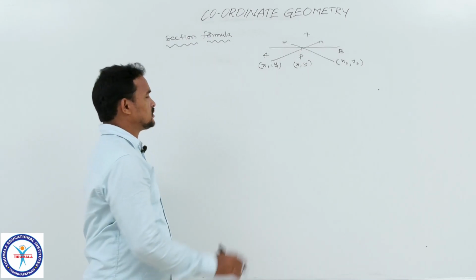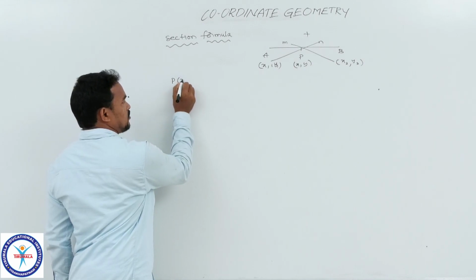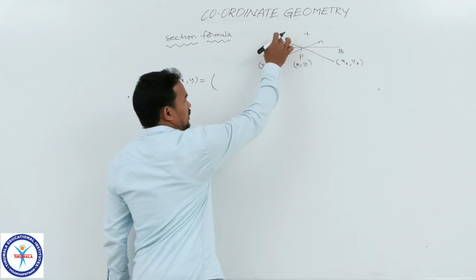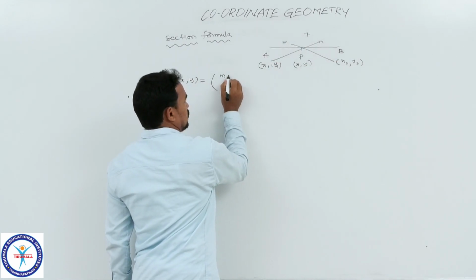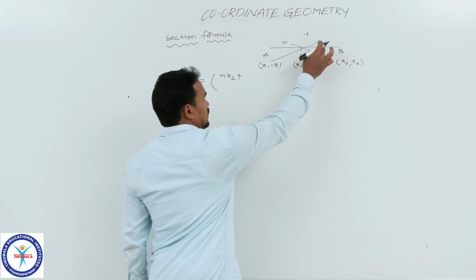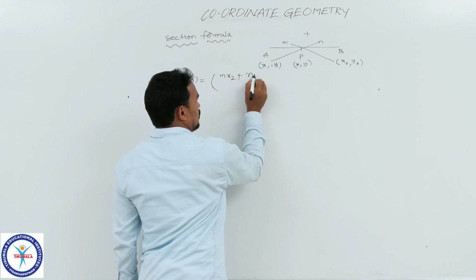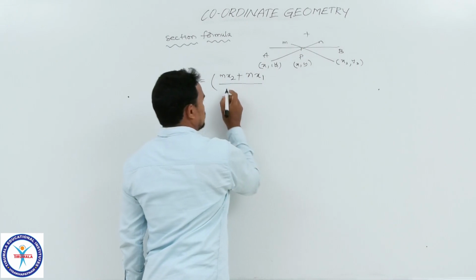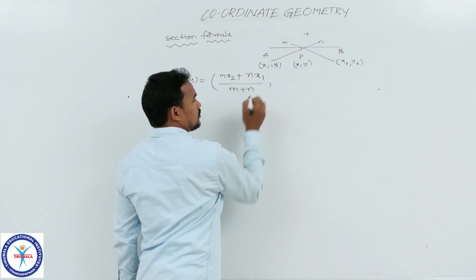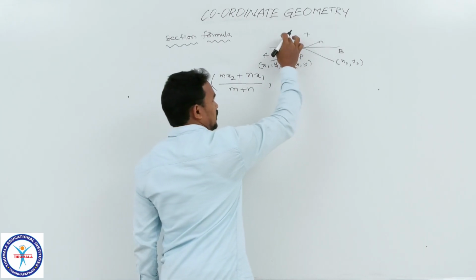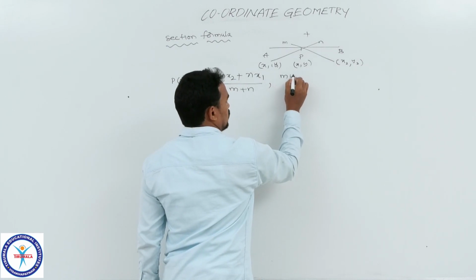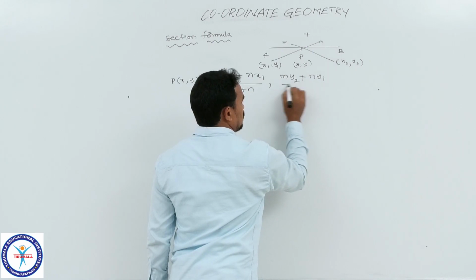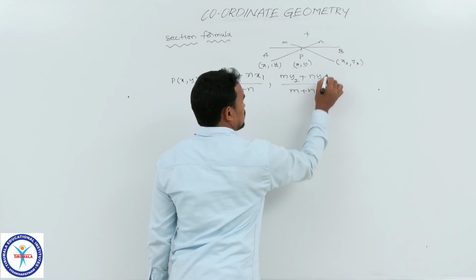If it is inside, the coordinates of point P of x comma y are mx2 plus nx1 by m plus n, next, my2 plus ny1 by m plus n.